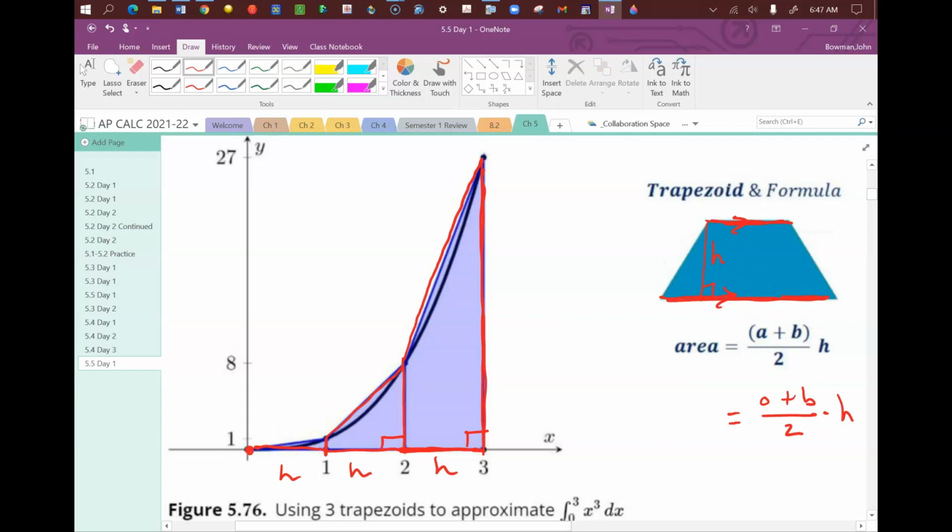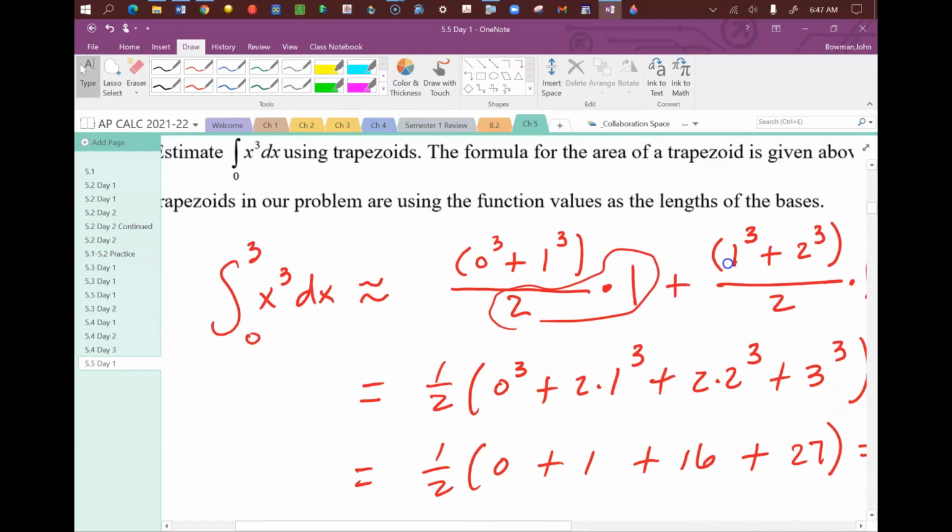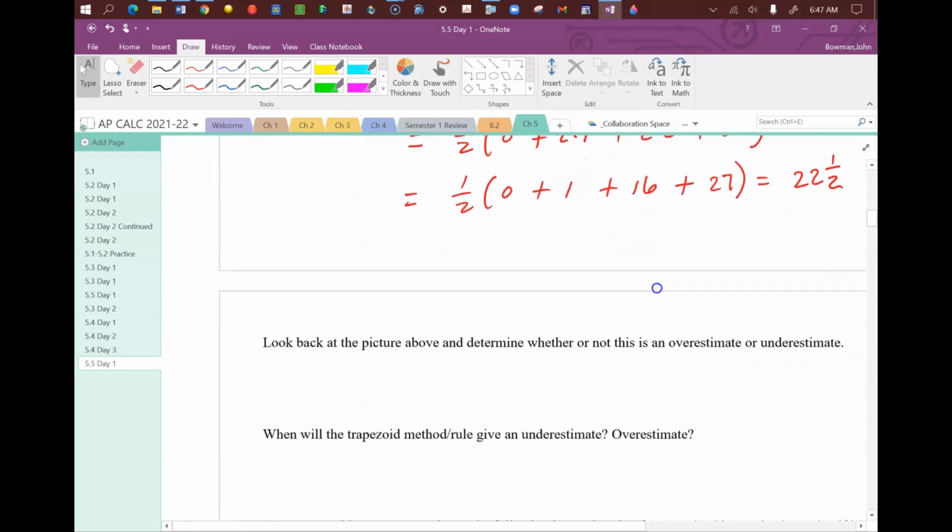And you can tell when you look at that those areas of those trapezoids are bigger than the area between the function and the x-axis on those intervals. So in this case, the trapezoid rule overestimates, so it's an overestimate.